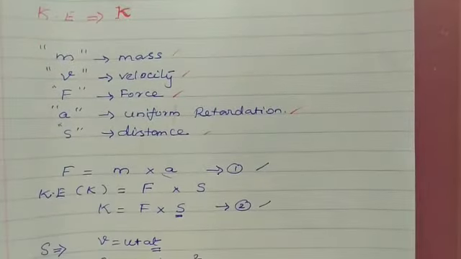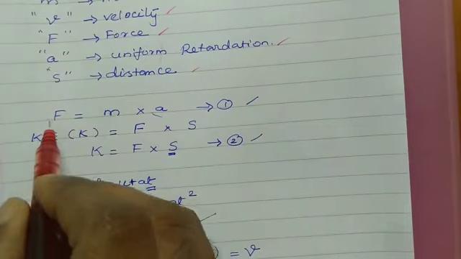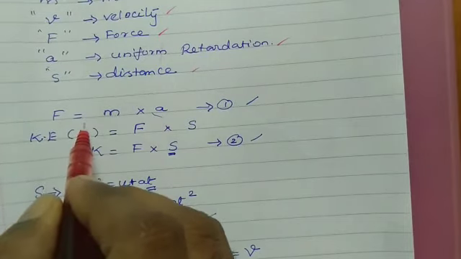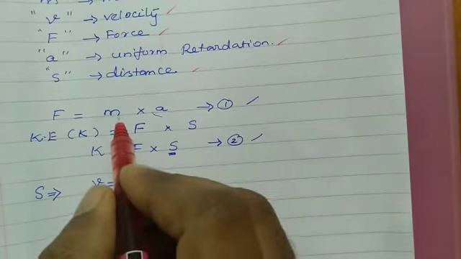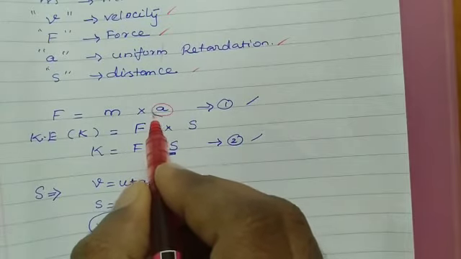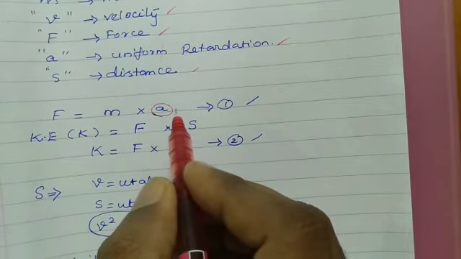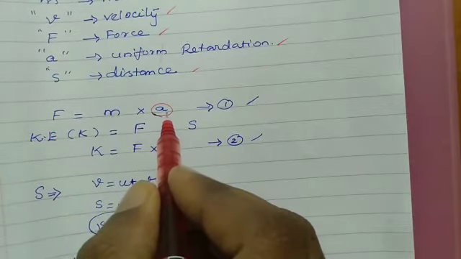Now we have to write the force according to Newton's second law. F equal to m into A, mass into acceleration. Here in the place of A we have to take retardation, so F equal to mass into retardation.